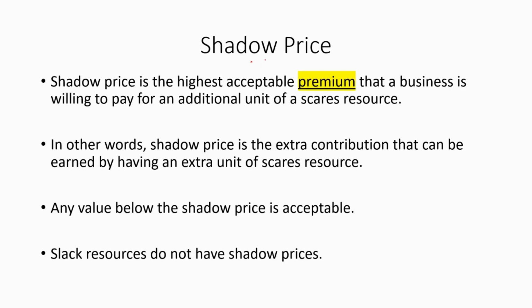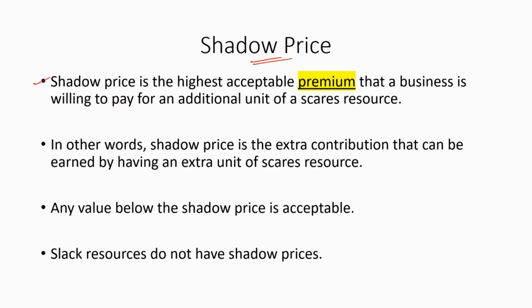The other important term is shadow price. Shadow price is the highest acceptable premium that a business is willing to pay for an additional unit of a scarce resource. Simply, this is the highest acceptable premium that a business is willing to pay in order to obtain an additional unit of a scarce resource.